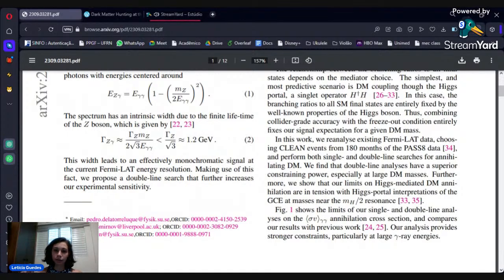Since it's generating gamma rays, you can annihilate dark matter and produce a Higgs, and then not directly gamma rays, because the Higgs doesn't couple to photons. So it would be two dark matter particles producing a Higgs, and then a loop, and then producing gamma or gamma Z.